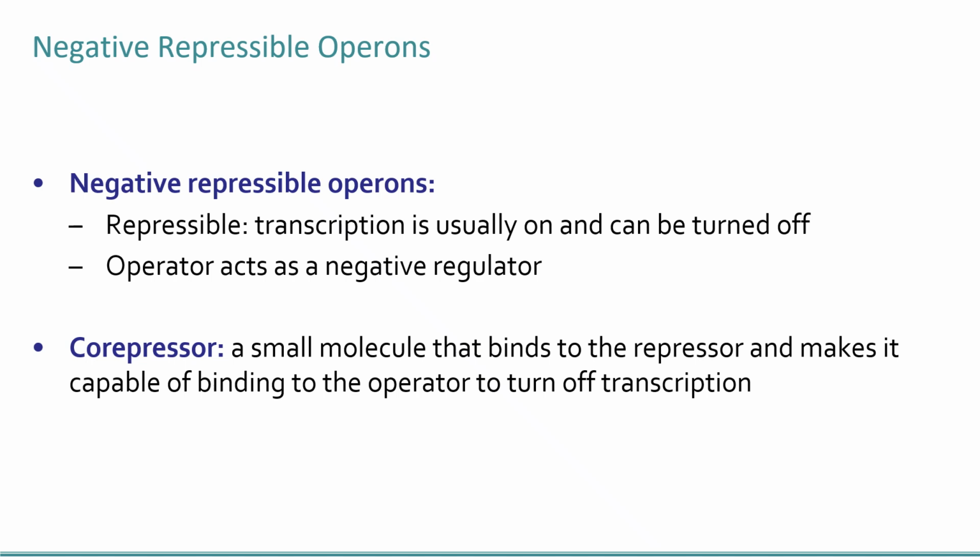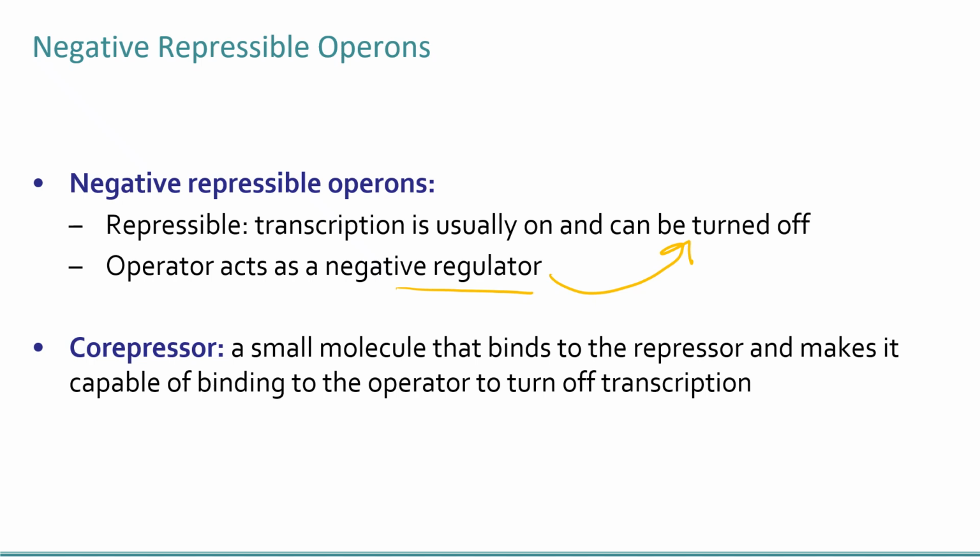We can also have a repressible operon. This is one that is normally on, but needs to be turned off as part of its regulator. Remember that in negative control, our operator is inhibiting gene expression. So in negative control, our regulatory element is going to act to turn off this gene expression.